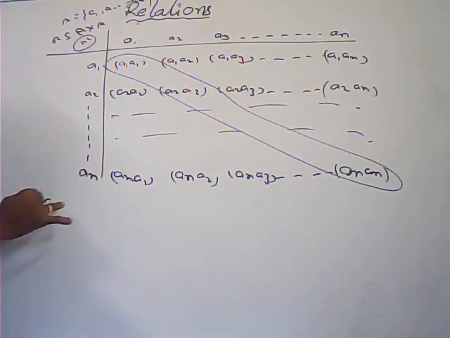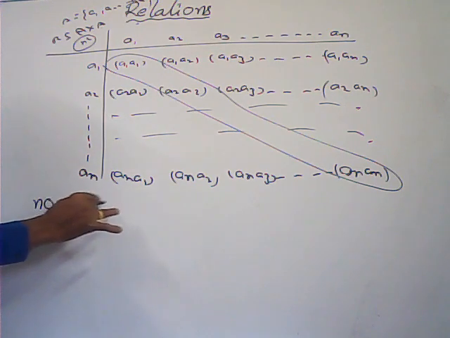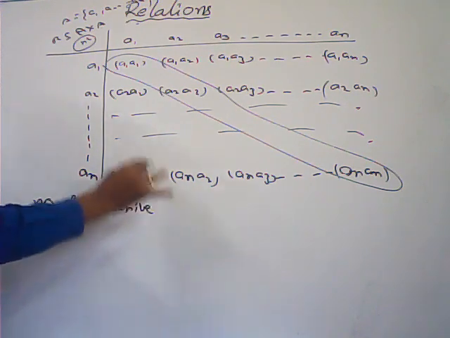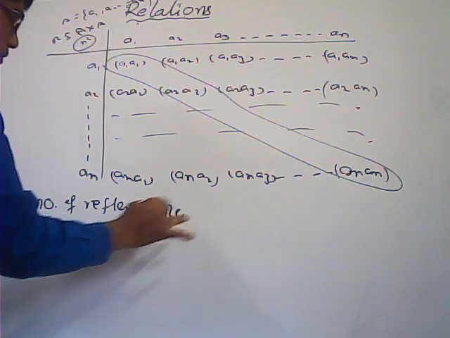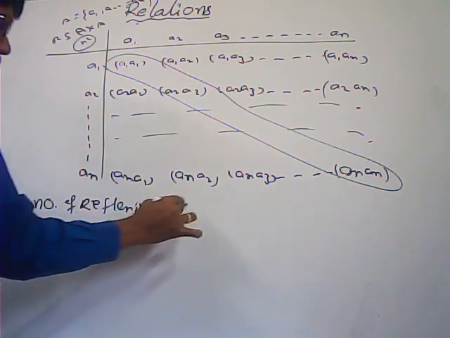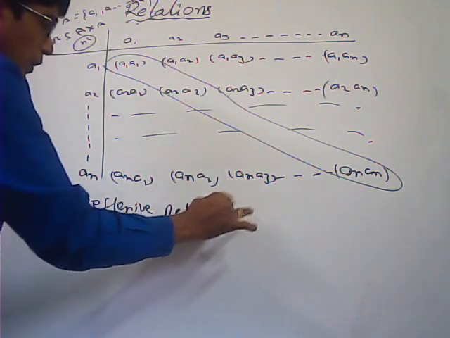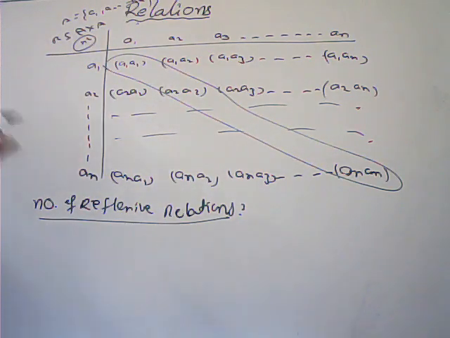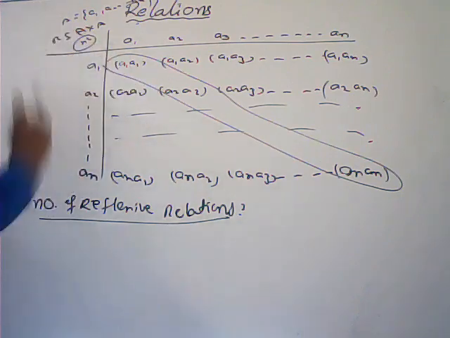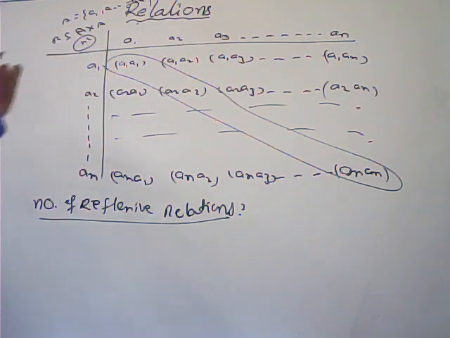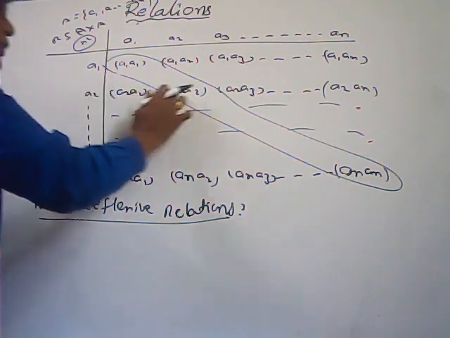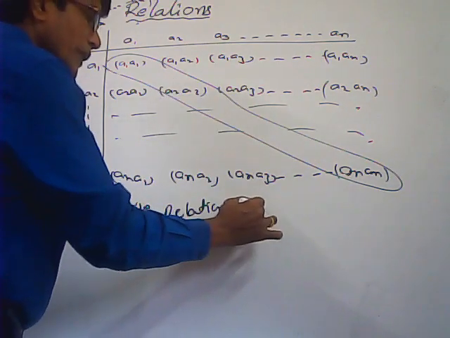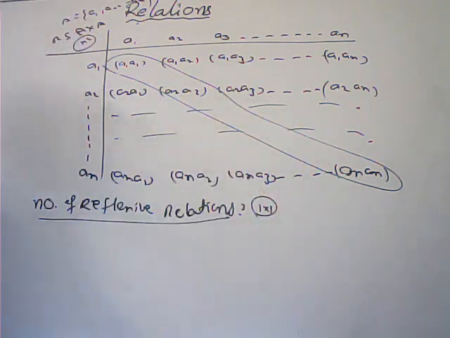Now here, number of reflexive relations. Very simple this one. What I am saying, it should contain, total how many elements are there in the set A? N elements are there. It should contain n equal ordered pairs. Each one compulsory you have to write. So there is only one way to write each one.